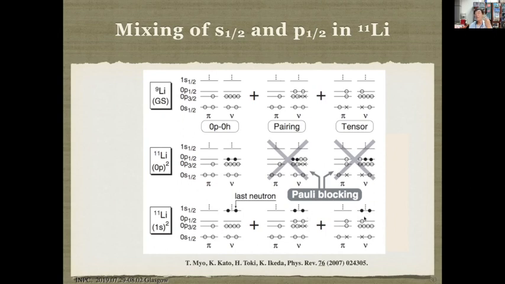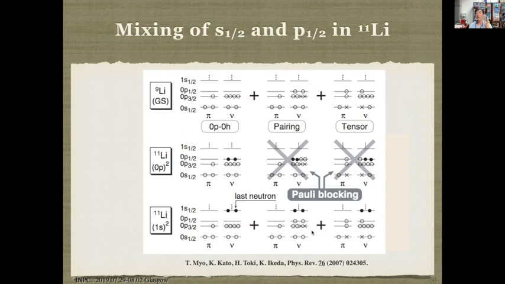And as a result, the total energies of these wave functions become very close together. It's calculated that they become almost the same energy. That's why this configuration and this configuration are mixed equally. So that's the basic reason why the lithium-11 halo has a mixed wave function of P wave and S wave.